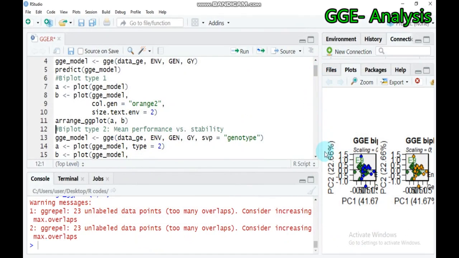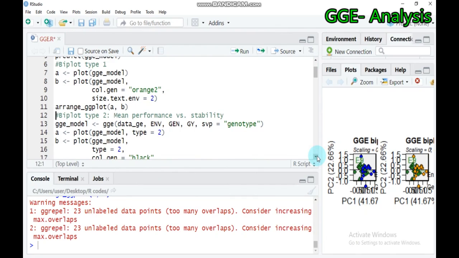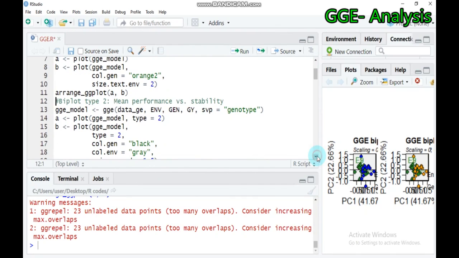Coming to the second biplot type, this is the mean performance as well as the stability. To do that, you can give any name that you want, and our function is GGE, and here is the environment, genotype, and here the SVP value is the genotype. So it will show you the mean performance and the stability analysis.